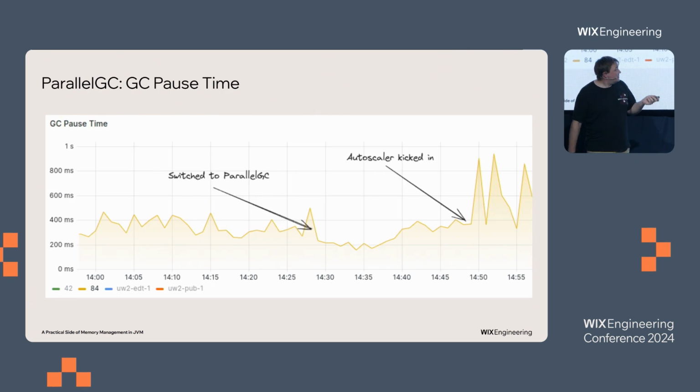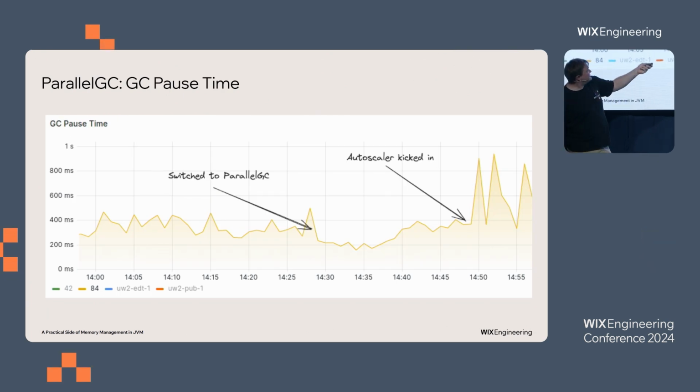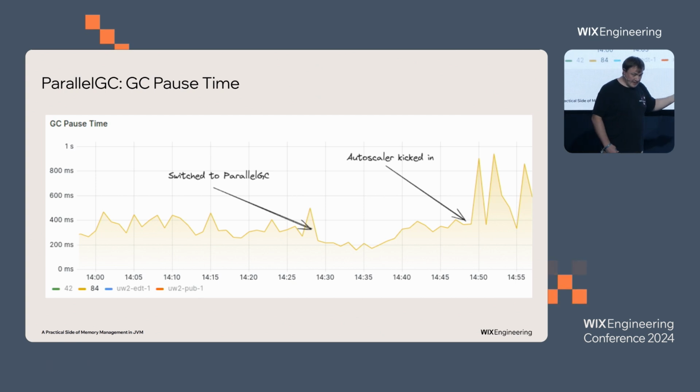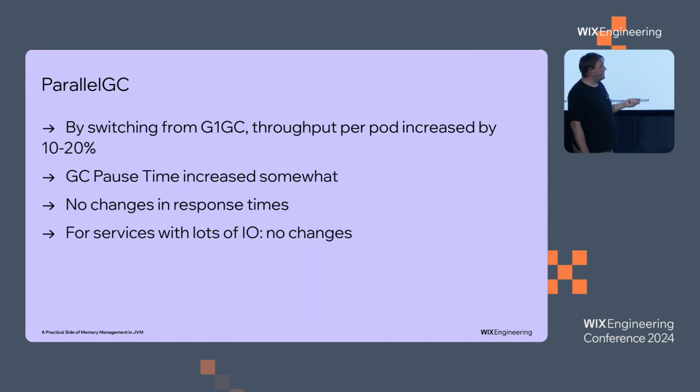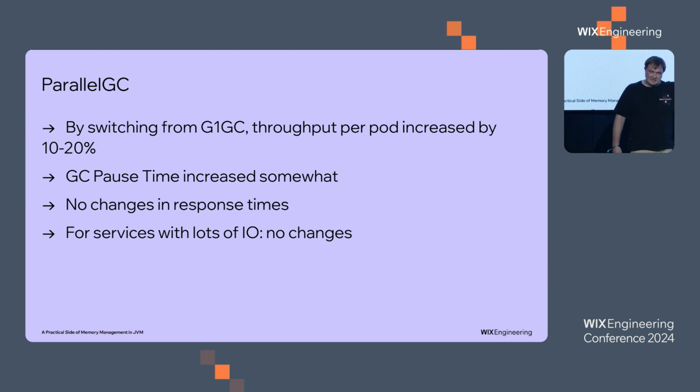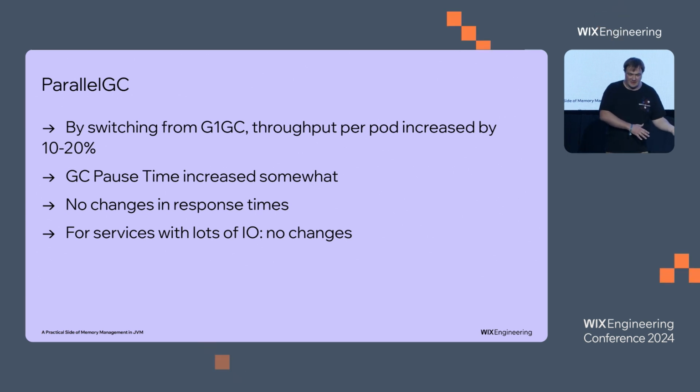With regards to GC pause time, you can see that it actually increased. But when we checked response time, we actually didn't see any difference. So the median and higher percentiles were the same as with G1 GC.